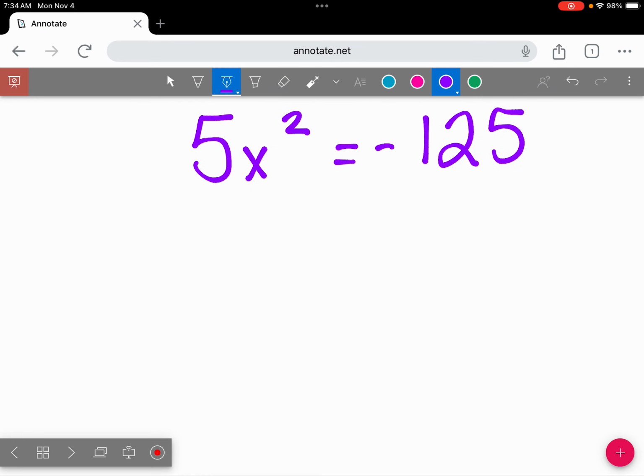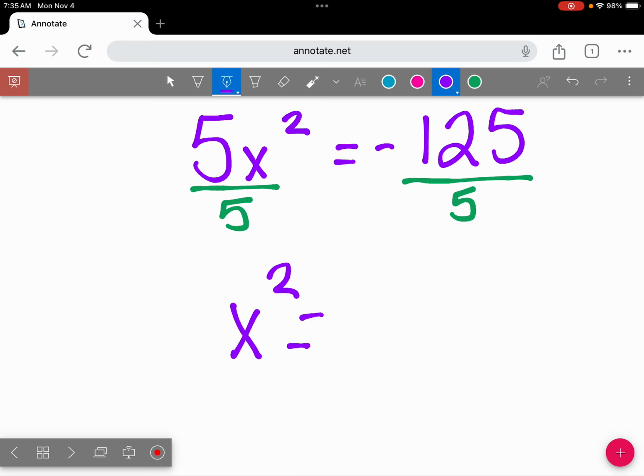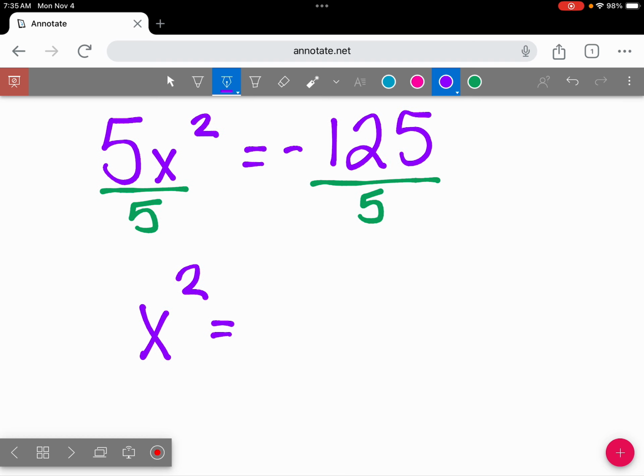Then what can we do? Divide by 5. Let's get our x squared by itself first. So then I have my x squared equals what? What is negative 125 divided by 5? Negative 25. Negative 25.